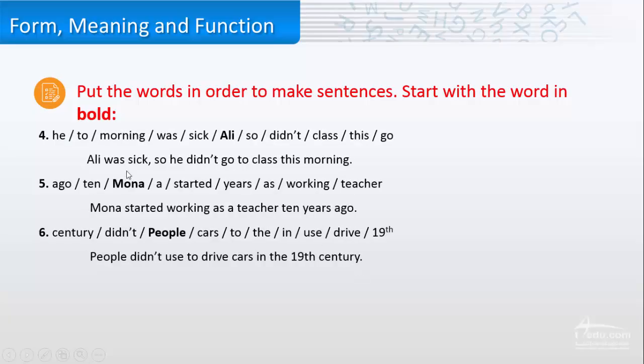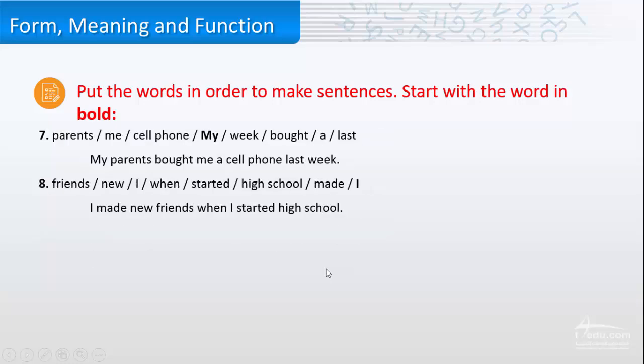Okay. Ali is the subject, was sick, so he didn't go to class this morning. Mona started working as a teacher 10 years ago. Then the last one, people didn't use to drive cars in the 19th century.